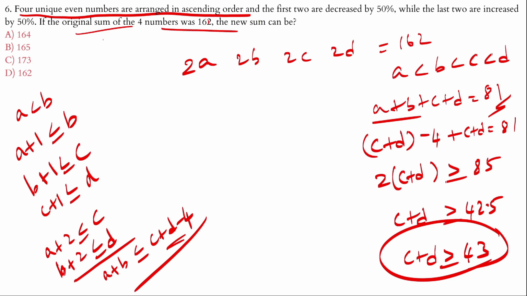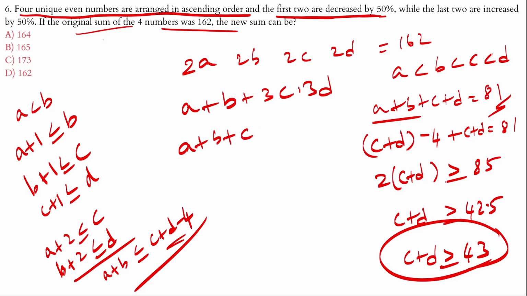And what is the statement given if the last two are increased by 50%? So c and d, the last two, are increased by 50%, which means 2c becomes 3c here and 2d becomes 3d here. Okay, let me separate this. a plus b plus c plus d plus 2c plus 2d.